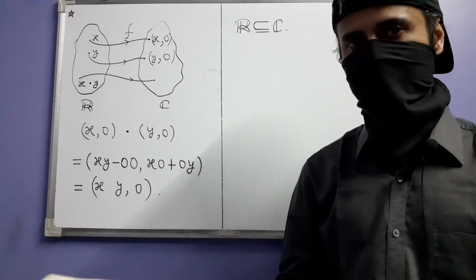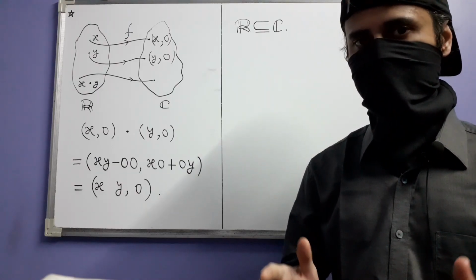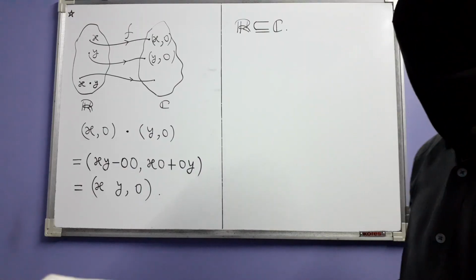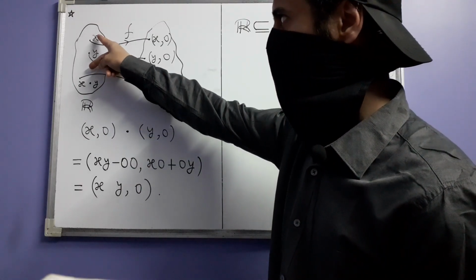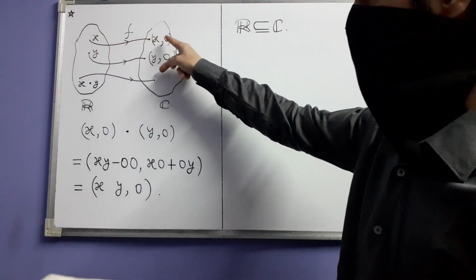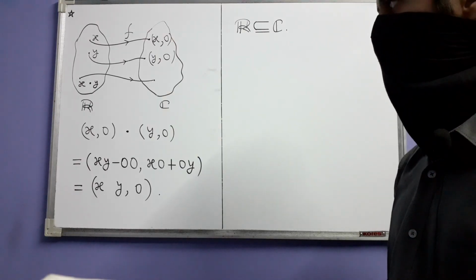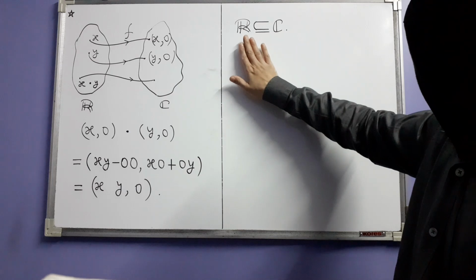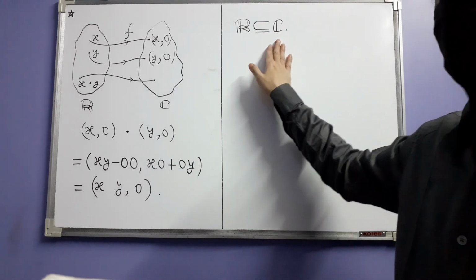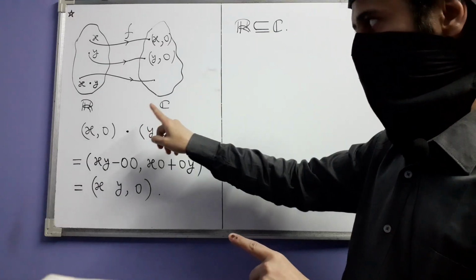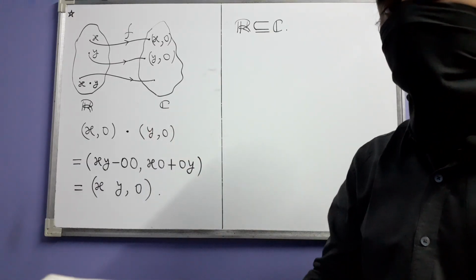And if you look carefully, you will find very easily that this function f is also one-to-one. It's injective. If you have two different objects in the real world, then their reflections in the complex world are also different. They are not the same. And that is why we normally write like this, that R is a subset of C. It does not mean that R in its original form literally is a subset of C. It is not.